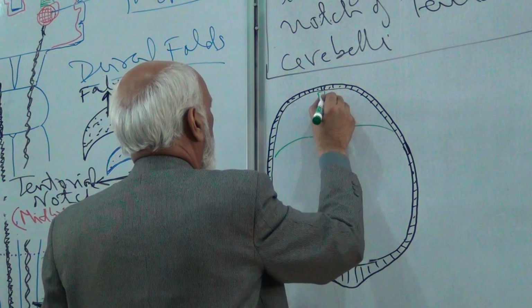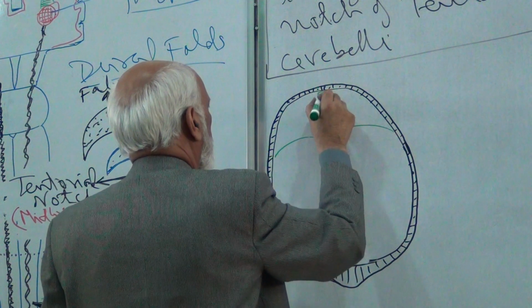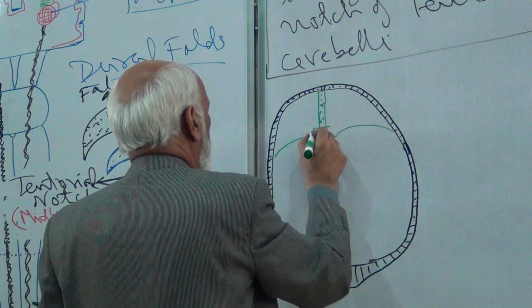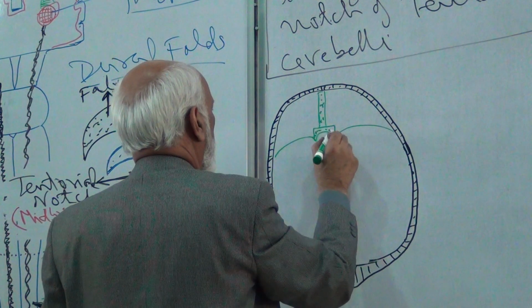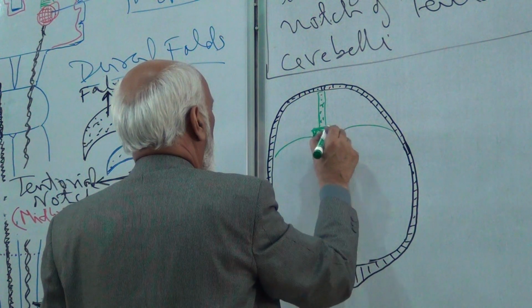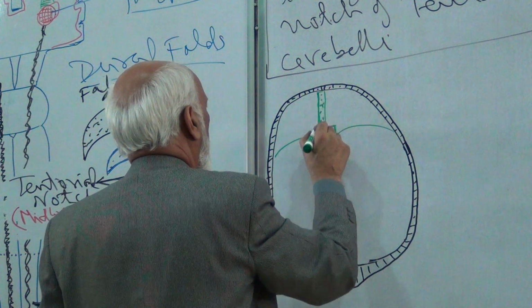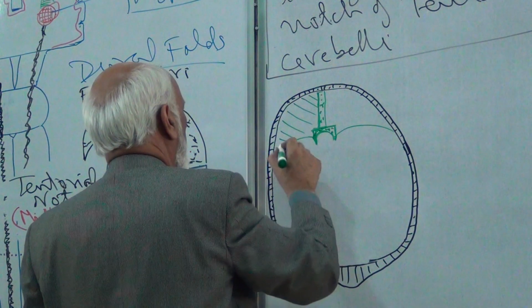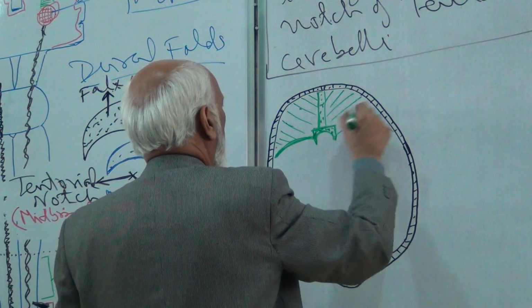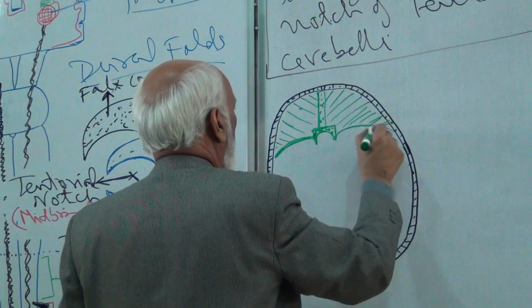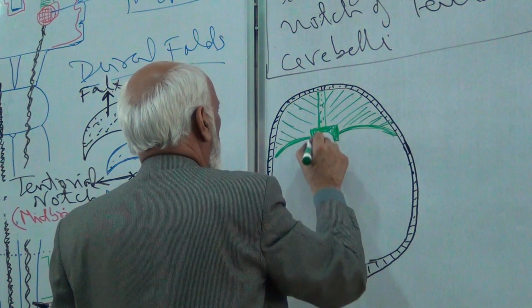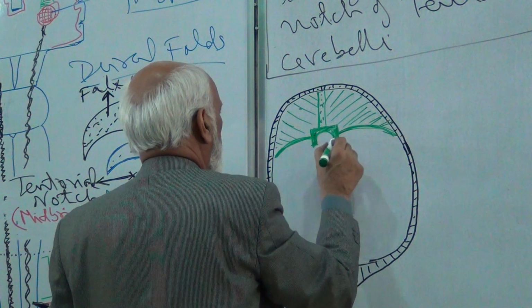This is the cribriform plate of ethmoid bone, lesser wing, then clinoid process. Here is the body of the sphenoid bone.